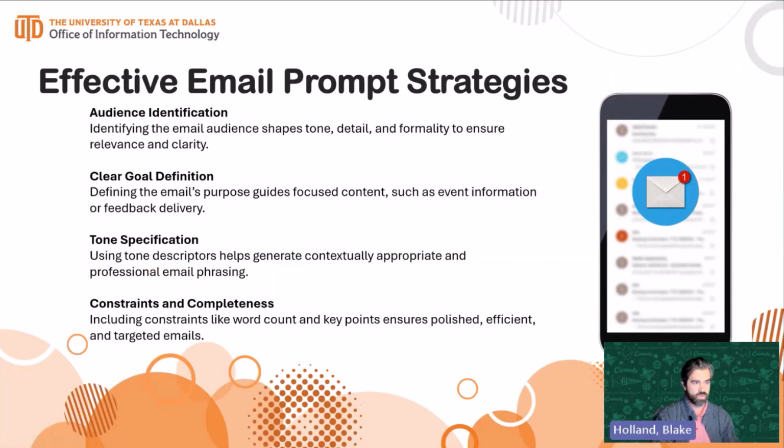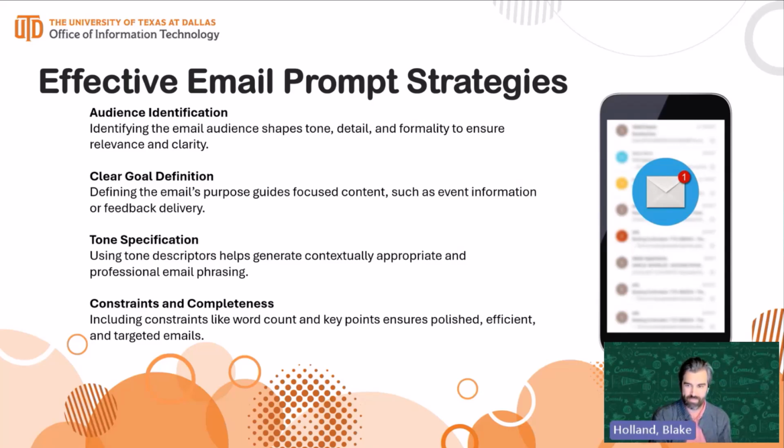All right. So we're going to work on something very simple because I wanted to talk a little bit about the goal, source, expectations, the formula altogether, and this is just a pretty simple one to do it on. Audience identification. So basically who we're talking to in this email prompt strategy, clear goal definition, tone specification, which Monica is going to go over quite a bit later.